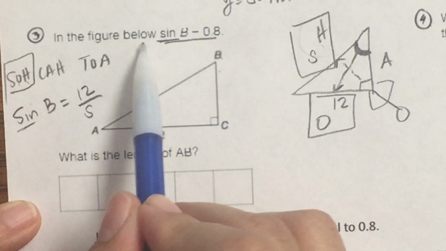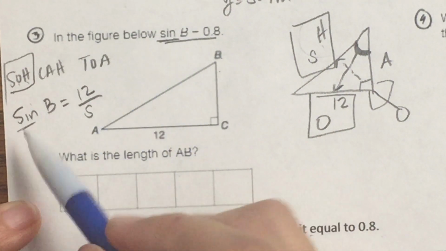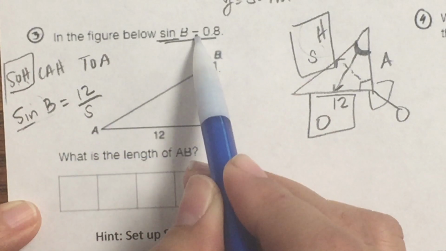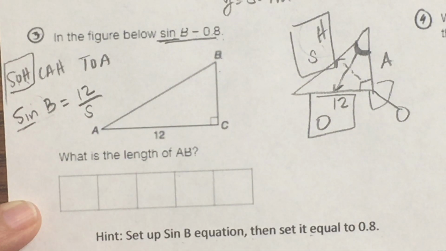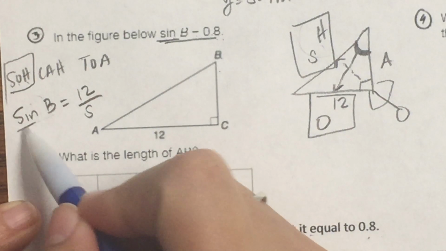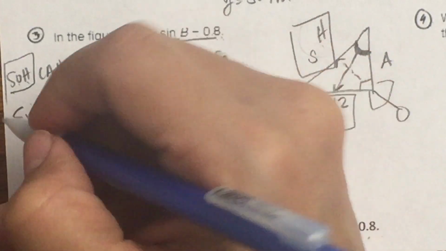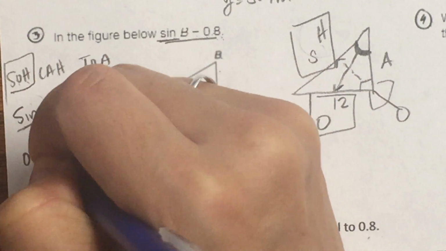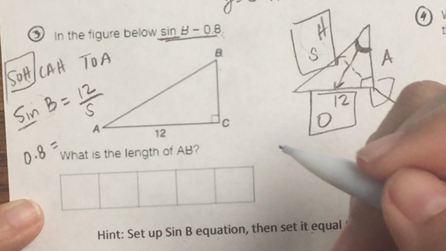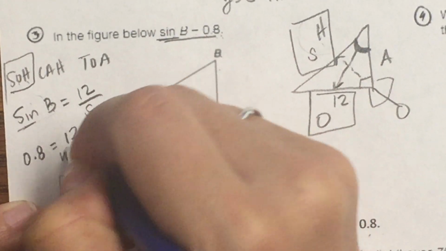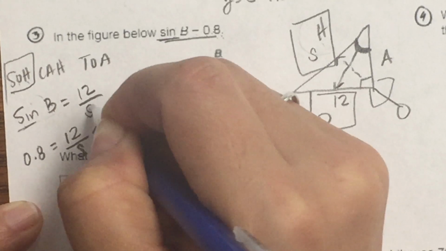And what they're saying is, the figure below, sine b is equal to 0.8. So we're going to set it equal to 0.8 because sine b is 0.8. So what we're saying is 0.8 equals 12 over s.